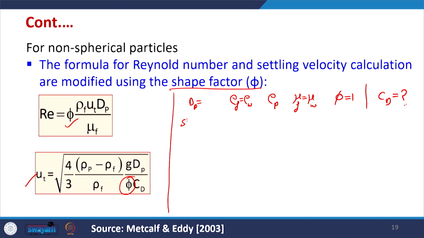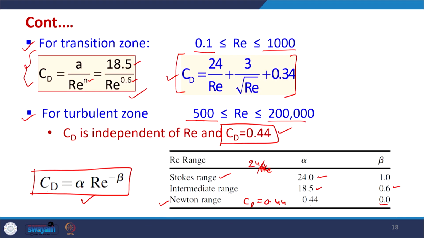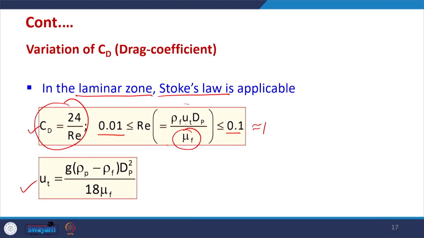So, for starting the calculation, we assume that laminar zone settling is happening. That means we assume it is in the range of Reynolds number 1, and we directly apply this particular formula for calculating the ut value.